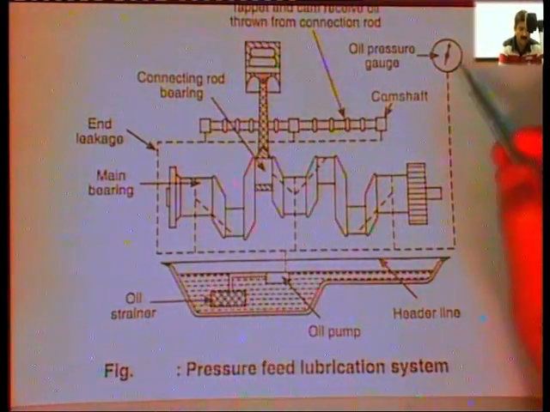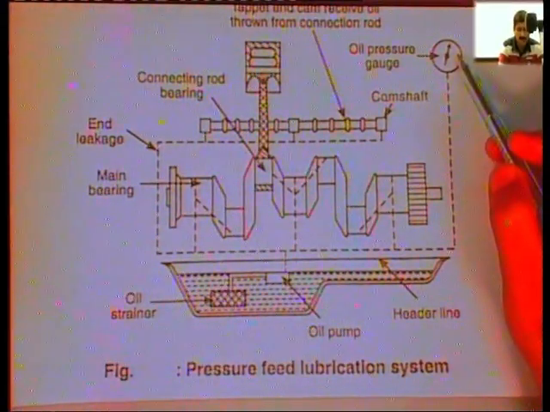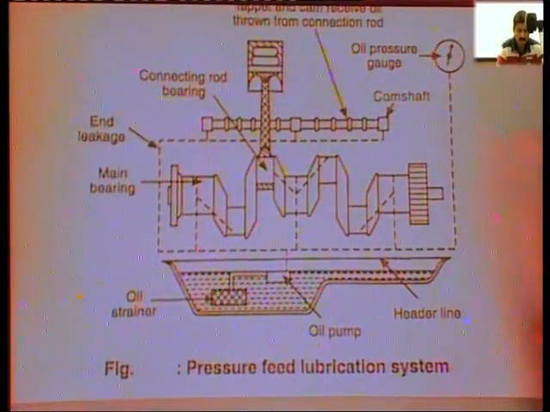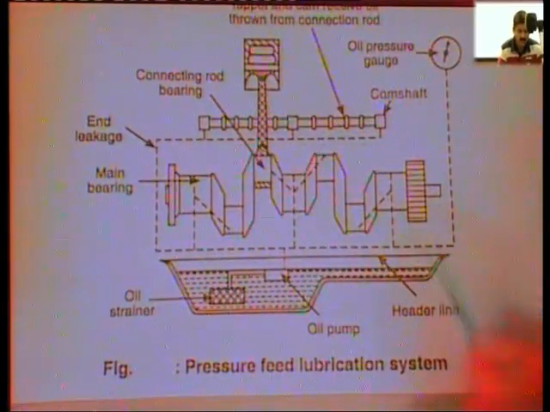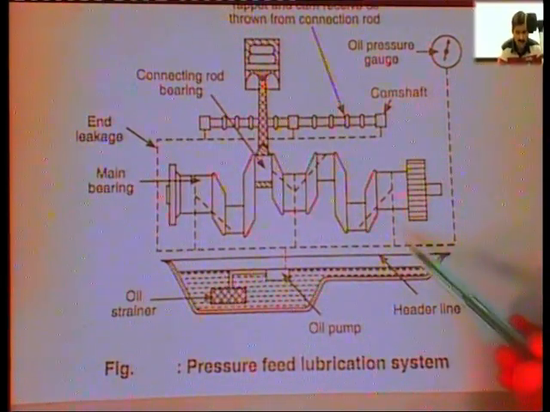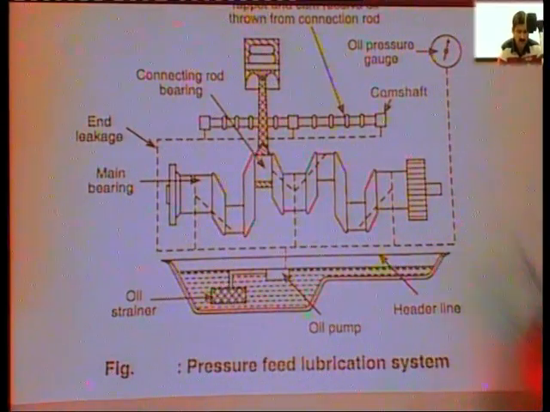It will also show if the pressure here exceeds a certain limit, you can check the gallery if there is any blockage in the gallery or some other problem with the pump, or otherwise you have to check all the circuits of the oil gallery.